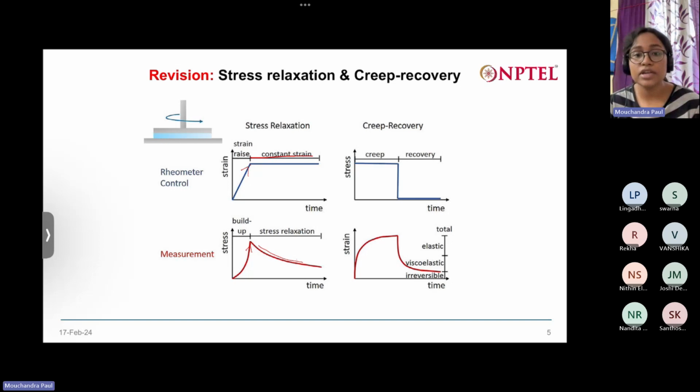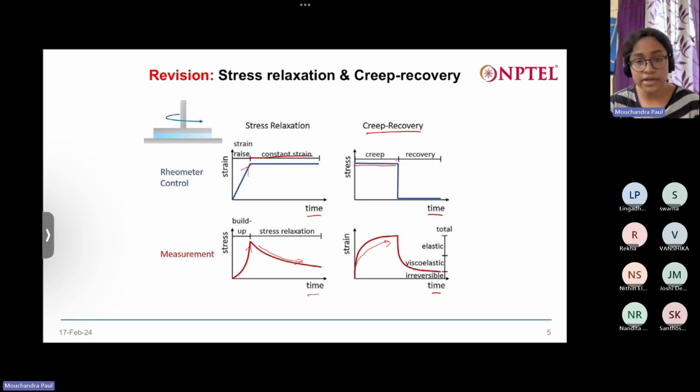Whereas in creep recovery, these are simultaneous events that happen. In the material, we increase the stress to a constant level. In response, the strain in the material increases with respect to time. So when we are increasing the stress, the strain in the material is increasing; that is creep.